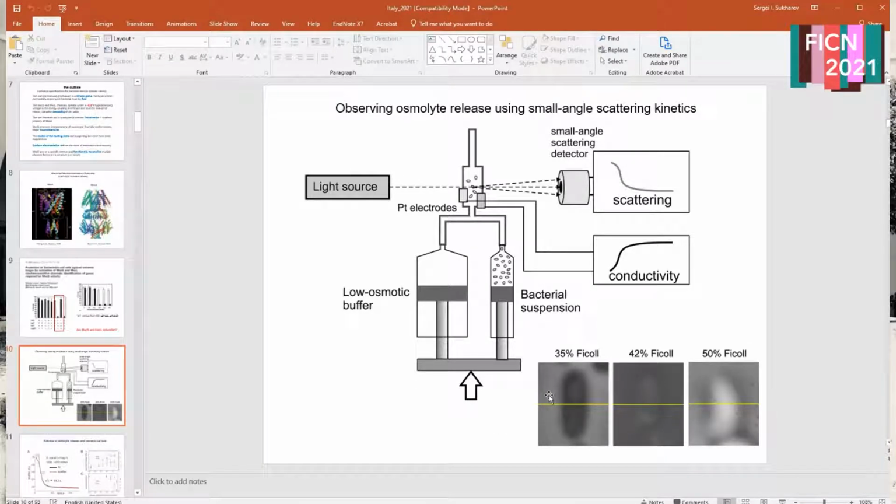And for this reason, the cells are seen in phase contrast, and by the same token, they beautifully scatter light. When the osmotic shock occurs, and we mix the bacteria with low osmotic medium, let's say, the scattering drops, and it drops because osmolytes leave the cell, and the difference of refractive indices drops. So that's what we watch.